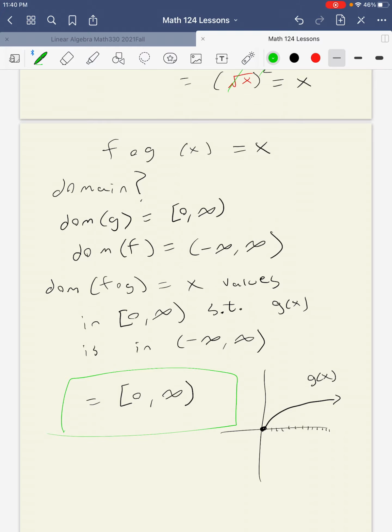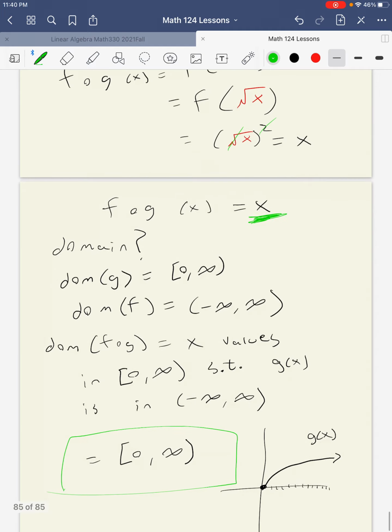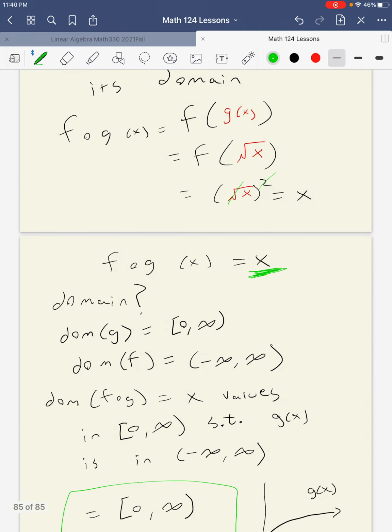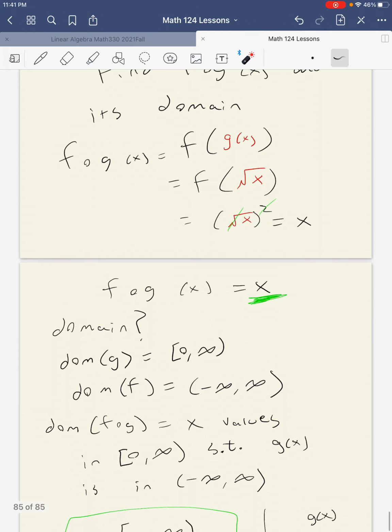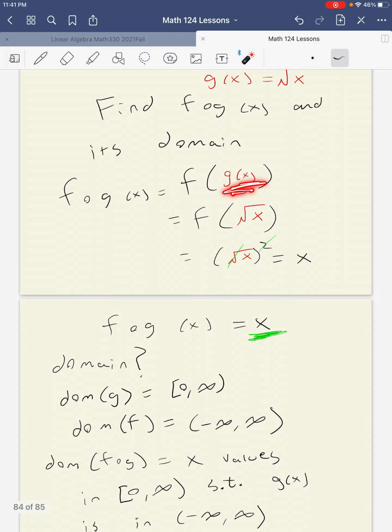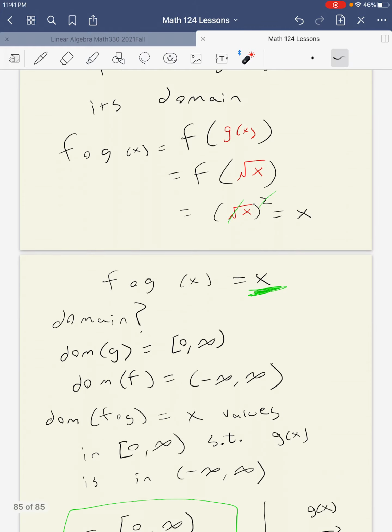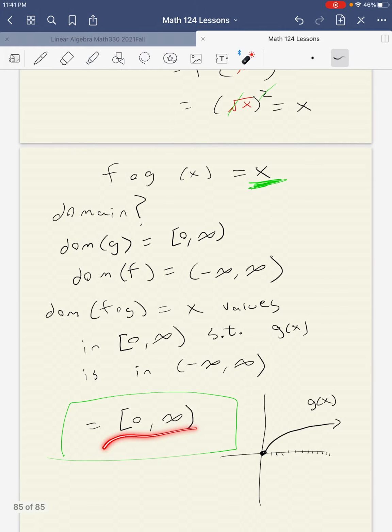So even though out of context you could plug anything into the formula x, we have an added restriction here because we were dealing with a square root. Even though the square root went away, we cannot ignore the domain of the inner function. So we have to be careful about domains.